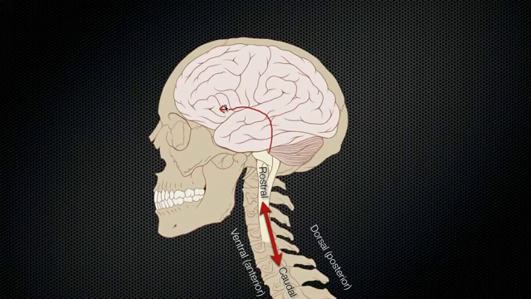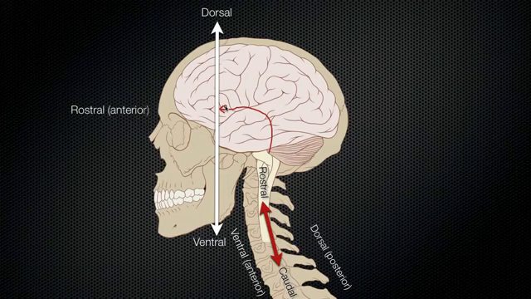And what we have then is dorsal being the top of the brain and ventral being towards the bottom of the brain, rostral or anterior being towards the front, caudal or posterior being towards the back of the brain. And so you can see we have this shift. Instead of dorsal, ventral being towards the back and towards the front when we're beneath the brain, as we pass the midbrain region, dorsal now shifts to the top of the brain and ventral towards the bottom of the brain.